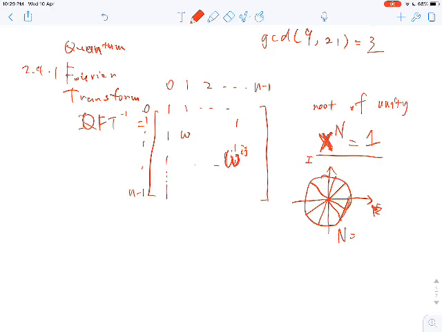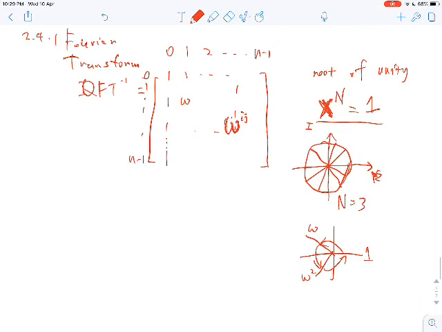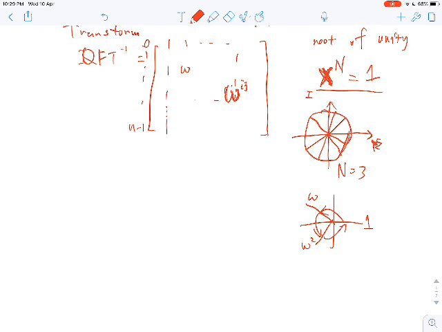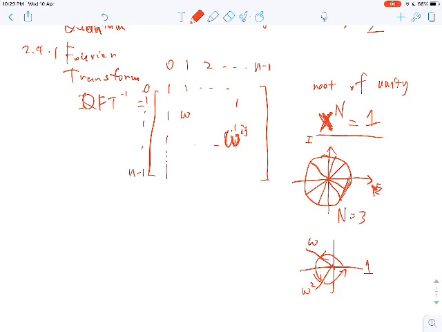If n is 3, we rotate 3 times, and this is omega, this is omega 2. This is 1, omega, omega 2, and then omega is solved like this. And this is the form of the quantum Fourier transform.